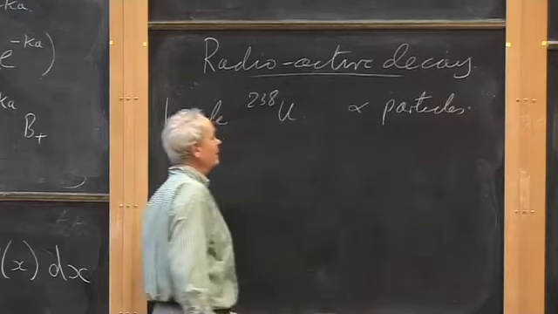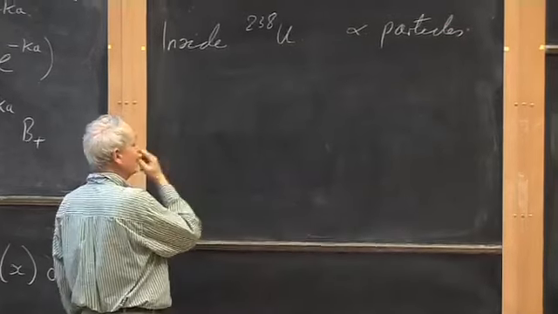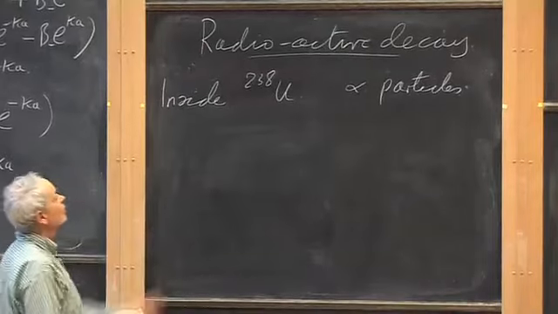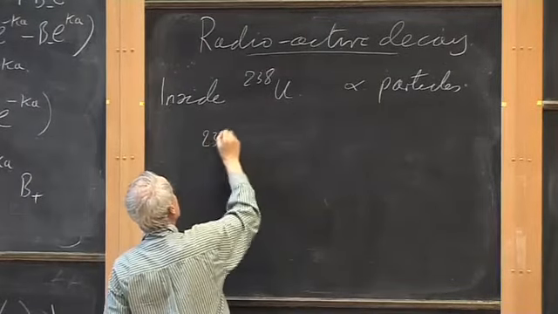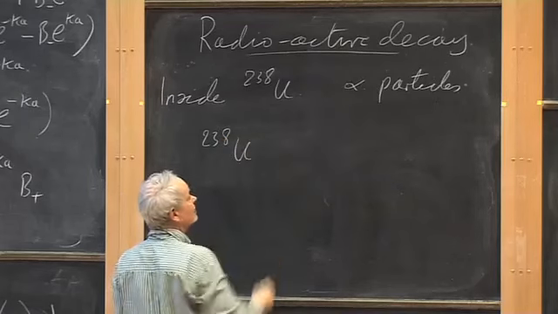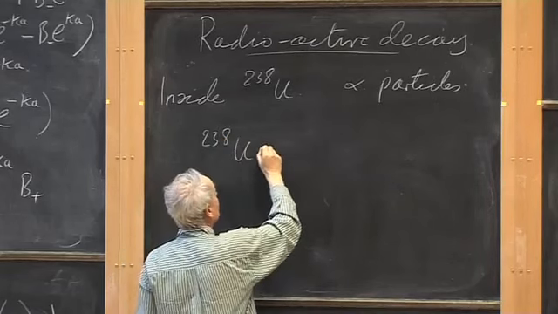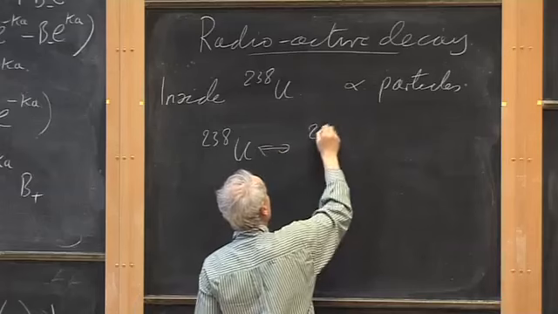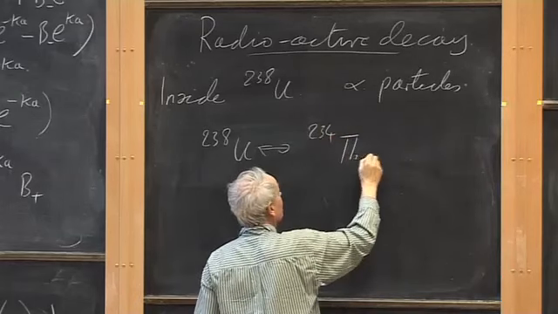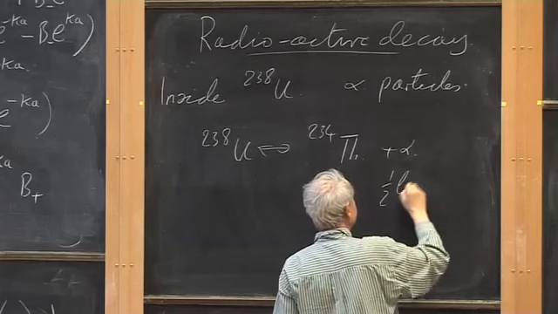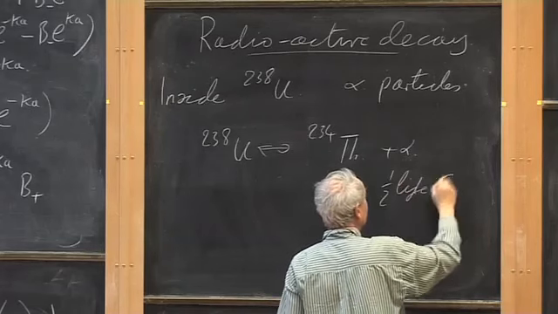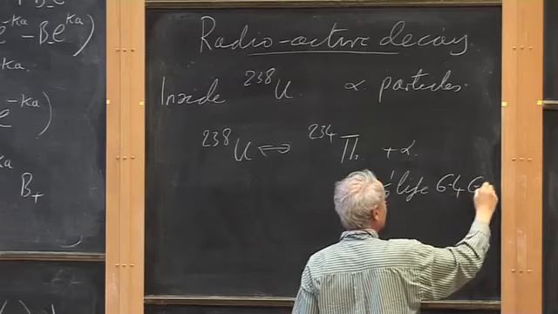This is a simple-minded picture. Uranium-238 decays to thorium-234 and an alpha particle with a half-life of, I think, 6.4 gigayears.